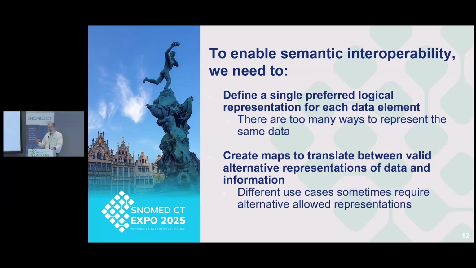Typically, pre-coordinated codes are more often used in data entry because you don't have to click on as many boxes and put the data in. But the more post-coordinated representations are much better for analysis and analytics and clinical decision support and all of those kinds of things.